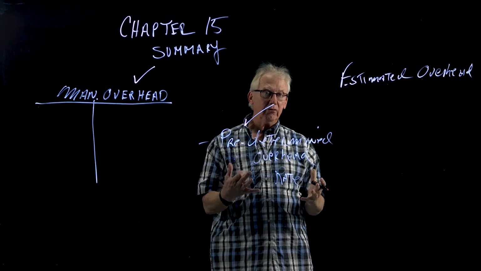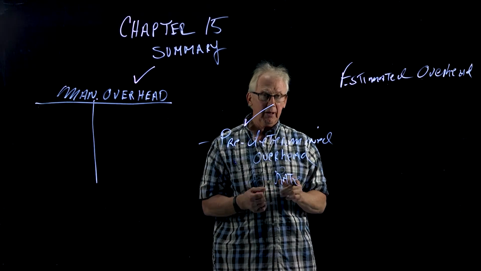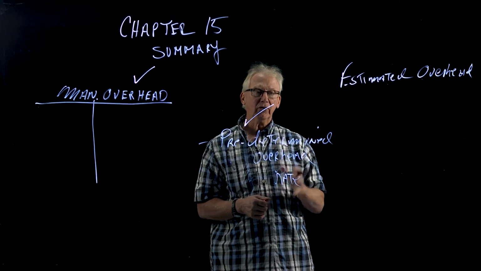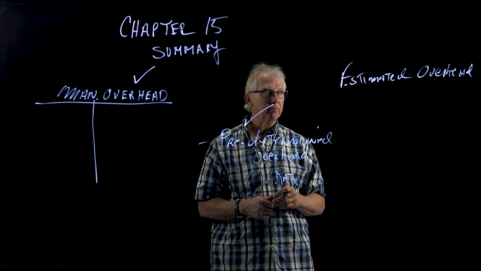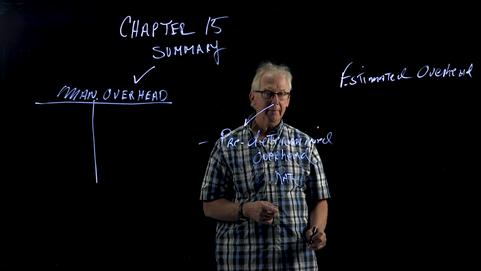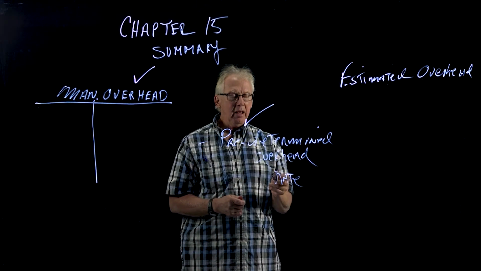We think we're going to have this much overhead for the upcoming year. And usually this takes place the last 3 months of the prior year for the upcoming year.